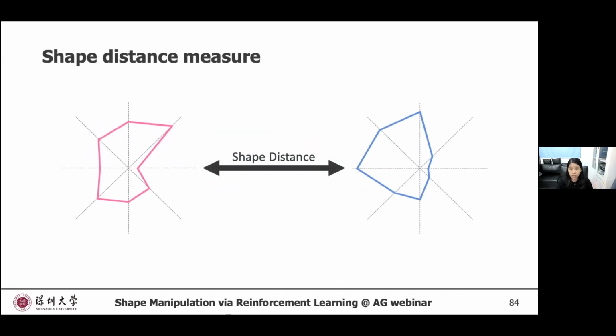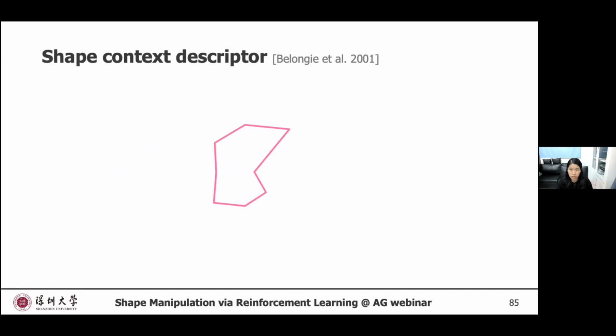Which means we want to define a perceptual distance measure between two stacked glyphs based on their shapes. And a natural choice is the classical shape context descriptor. In more detail, given a stacked glyph represented by a 2D polygon, we first sample points on its boundary.